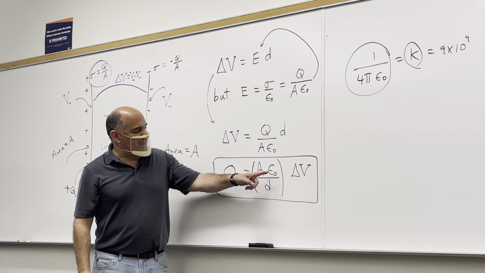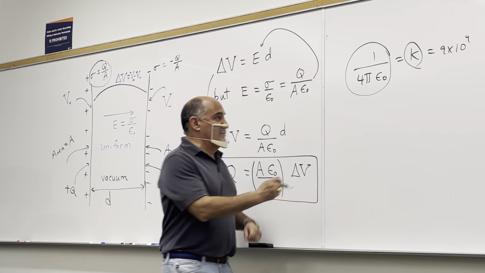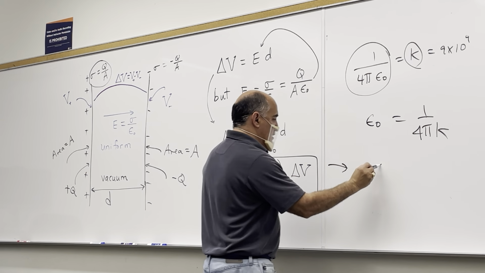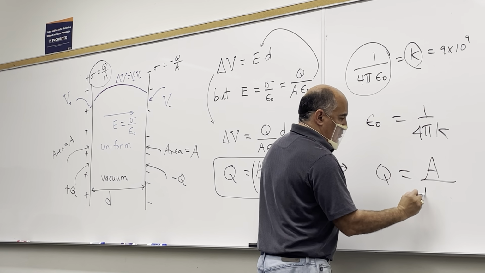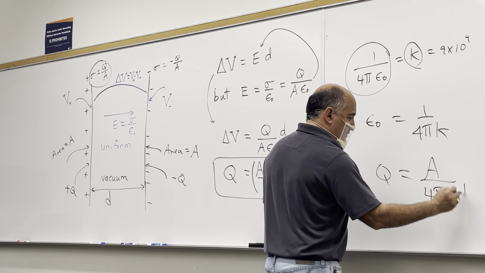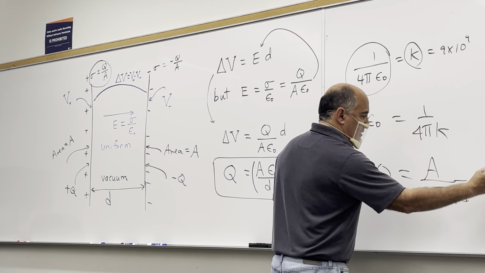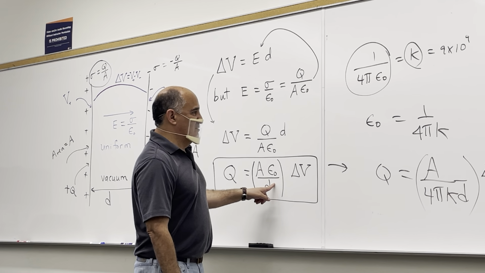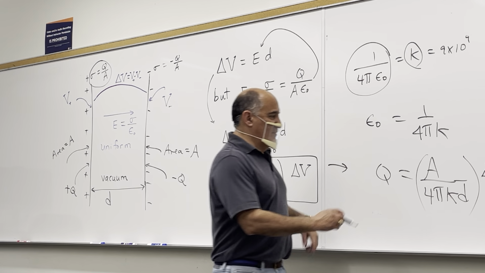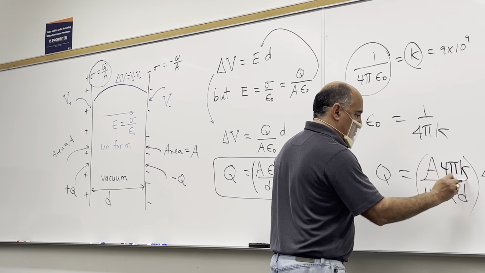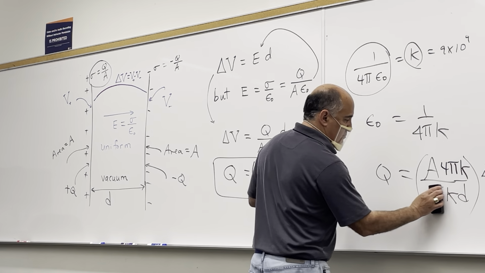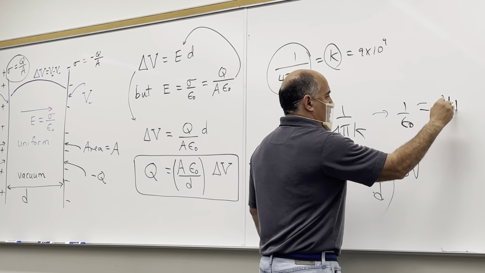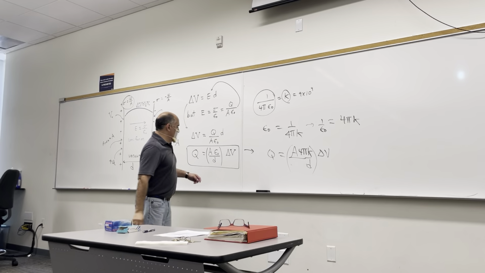So if I replace epsilon naught by 1 over 4 pi k, and I wrote this expression, Q would be A times 1 over 4 pi k, and then I have a D, and then a delta V, right? Actually, hold on, that goes downstairs, so that would be 4 pi over here, because 1 over epsilon naught is 4 pi k, right?